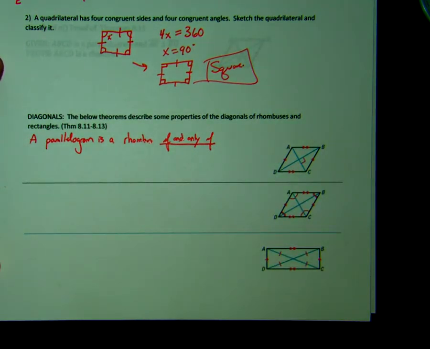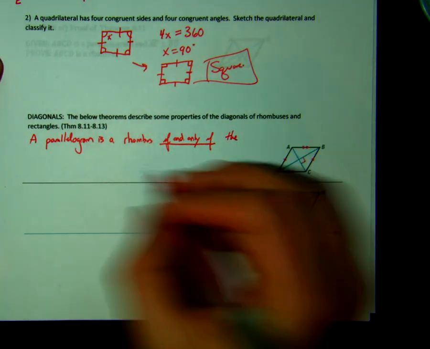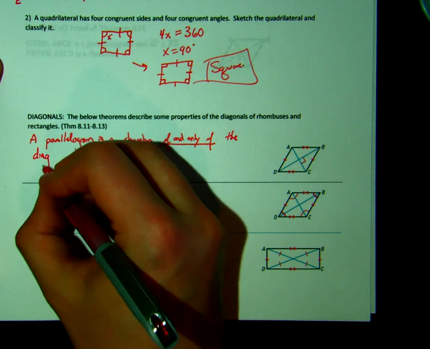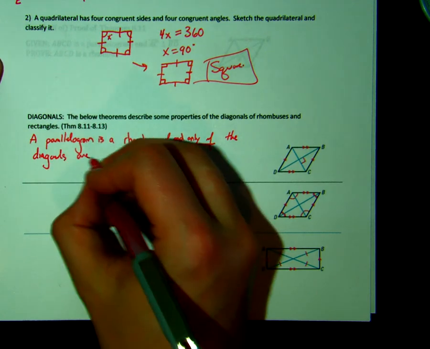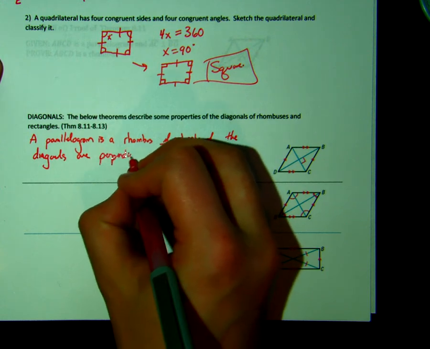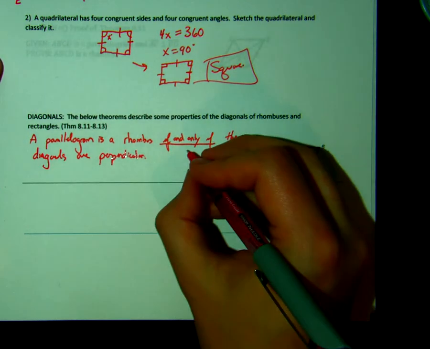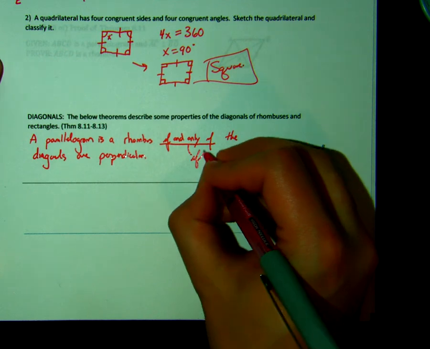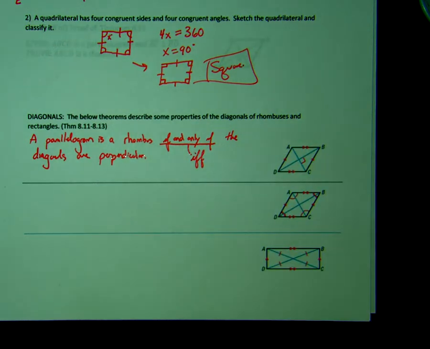Okay, so a parallelogram is a rhombus if and only if the diagonals are perpendicular. Okay, so remember this if and only if. I'm going to shorthand it on the other ones. That's the if with 2 F's. So this means that this can be proven in 2 different ways.